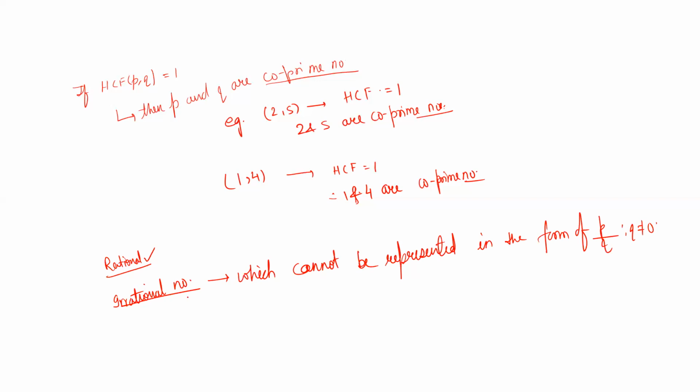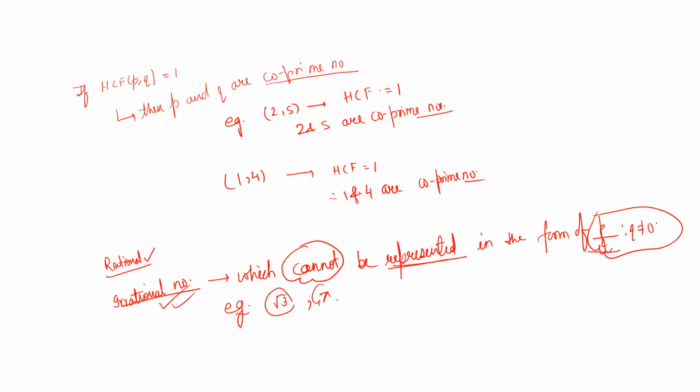It simply means irrational numbers are those numbers which are not represented, it means cannot be represented in the form of p by q, where q does not equal 0. If I give an example, the example is root 3. Root 3 cannot be represented in p by q form. So this is an irrational number.